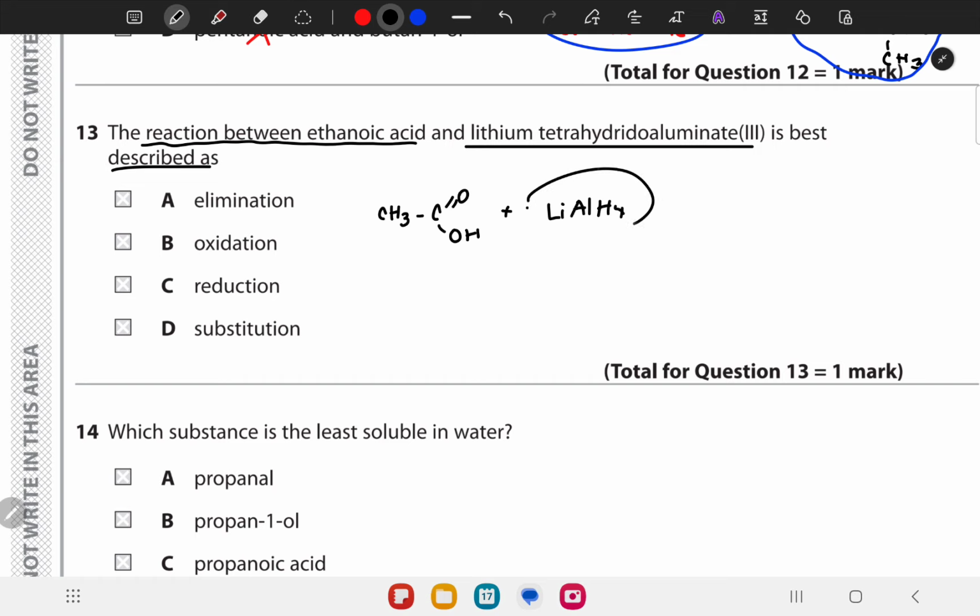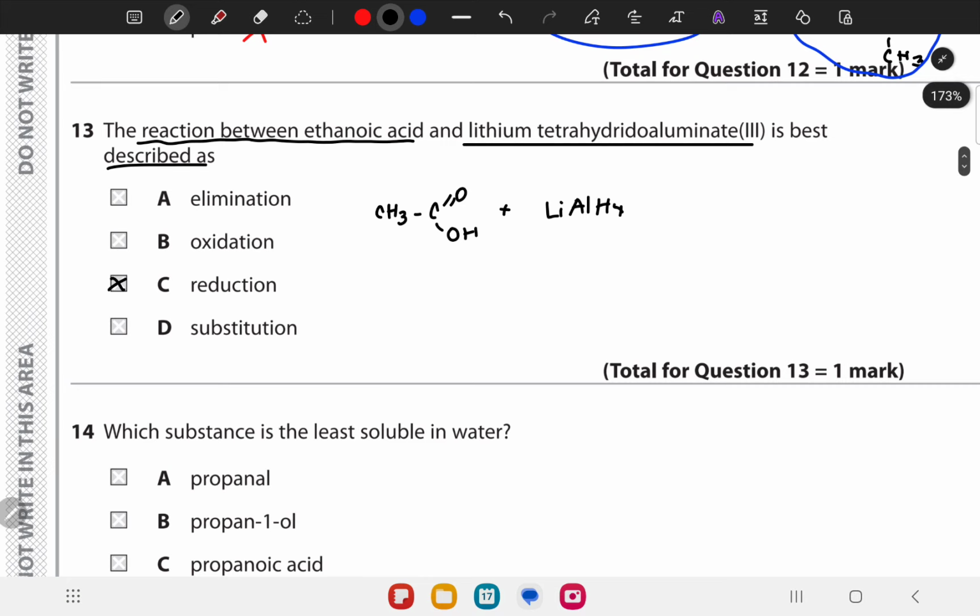LiAlH4 is used as a reducing agent in every case we study in A2. So this would be a reduction. The LiAlH4 will reduce the carboxylic acid into a primary alcohol. So it will reduce this into CH3CH2OH.